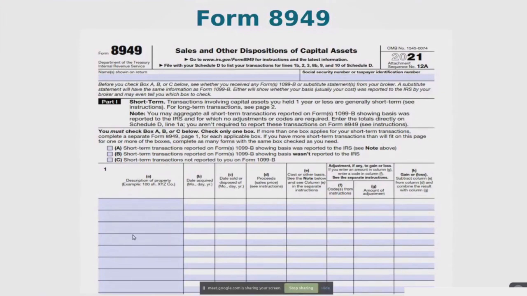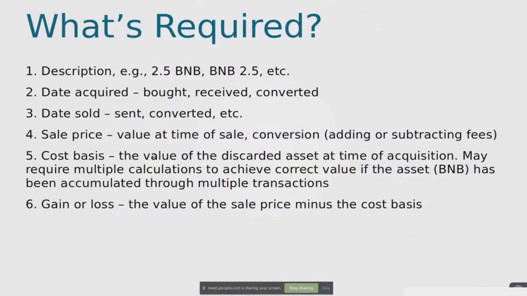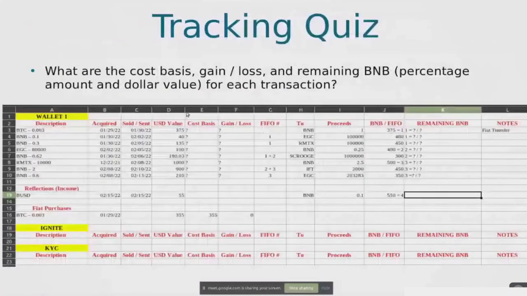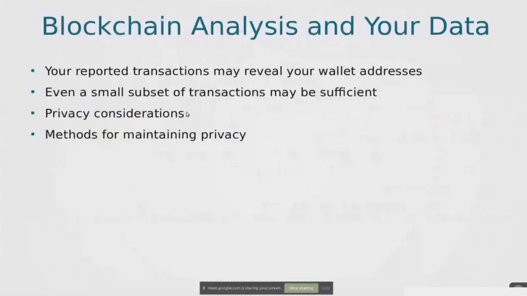It would be really easy, with just really easy blockchain analysis, to take a small subset of even 2 or 3 or 4 transactions that you've reported and figure out, oh, that's wallet X, and then see everything that's in that wallet. And so if you're leaving out that you have $800,000 in EGC, it's probably pretty easy to figure out who has what wallet, because you've already identified those are your trades.